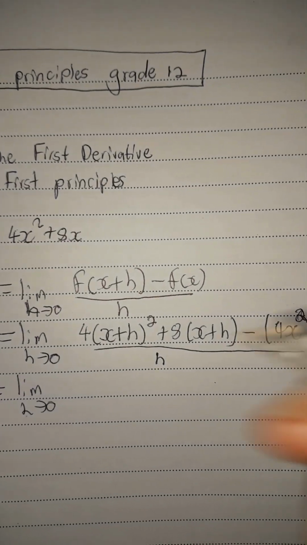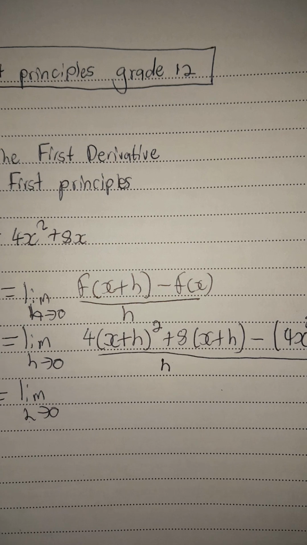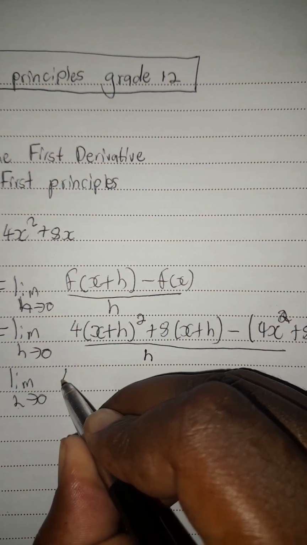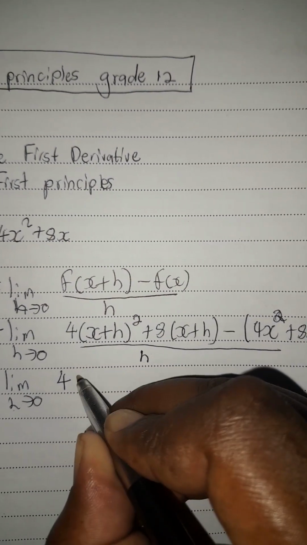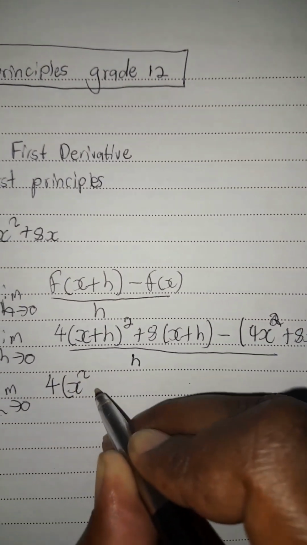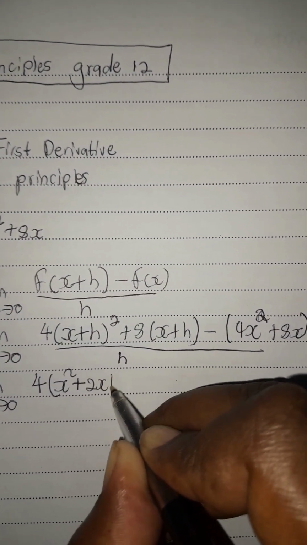So what is happening, guys, here is to work out the brackets. So let's work out the bracket. You will square the first. This will be x squared. Then this 2 will multiply everything that is inside the bracket. 2 times x multiplied by h, that will be 2xh.